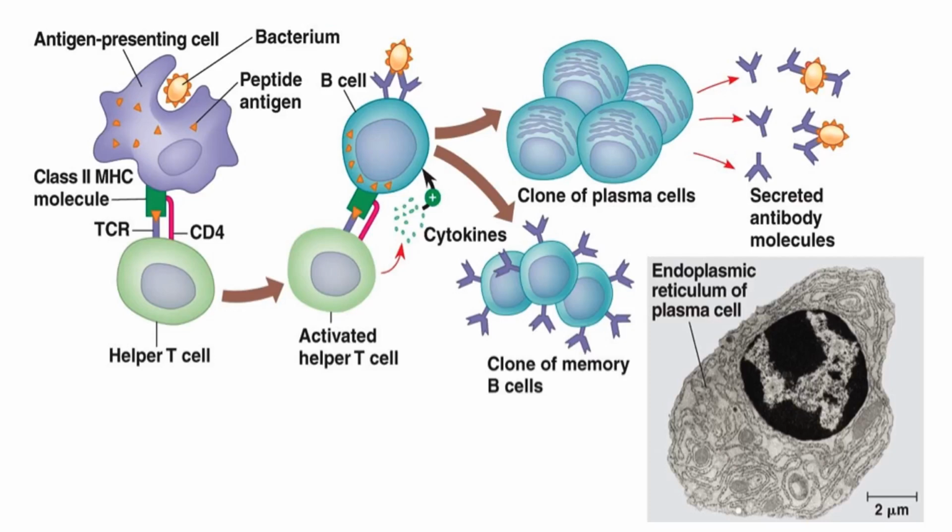Memory cells are there for future use, whereas the plasma cells produce a large number of antibody molecules, and these antibody molecules bind with the antigen and neutralize it. So this is regarding the cell-mediated immunity. I hope the concept is clear. Thank you.